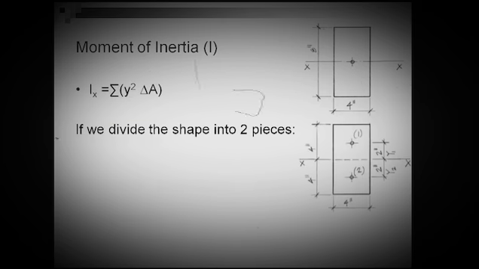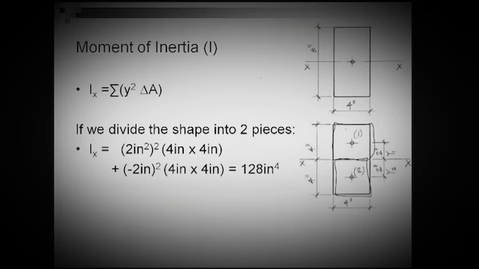So I have a square at the top and another square at the bottom, and I would like to calculate my moment of inertia based on this two-square division. Simply, I will take this equation and say the summation of all of the segments. I've got two segments, so I've got two terms: one term representing the top segment, another term representing the bottom segment.